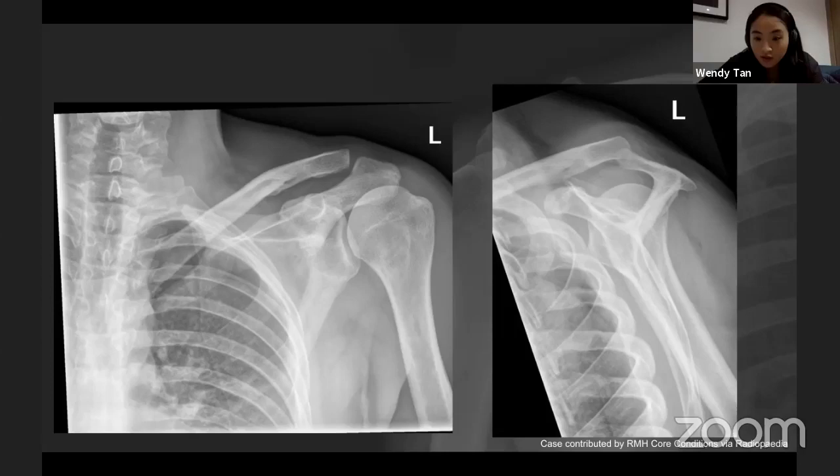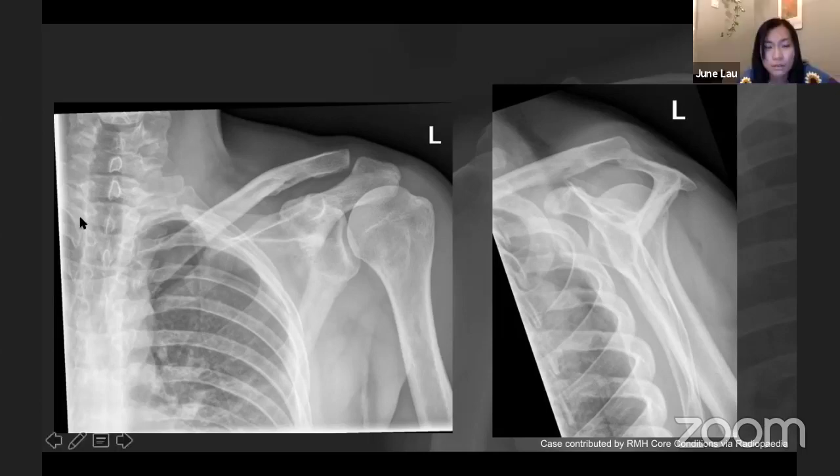Someone said clavicle. The clavicle's in the wrong location, sorry. Acromial fracture. If you're talking about this here, that's just the irregular shape of the acromion. Sorry. No. What do you think about the chest?